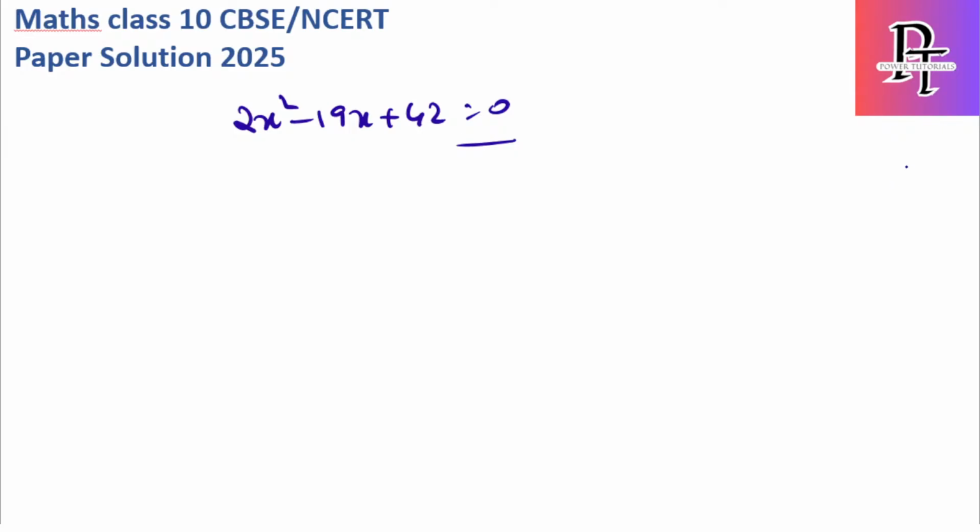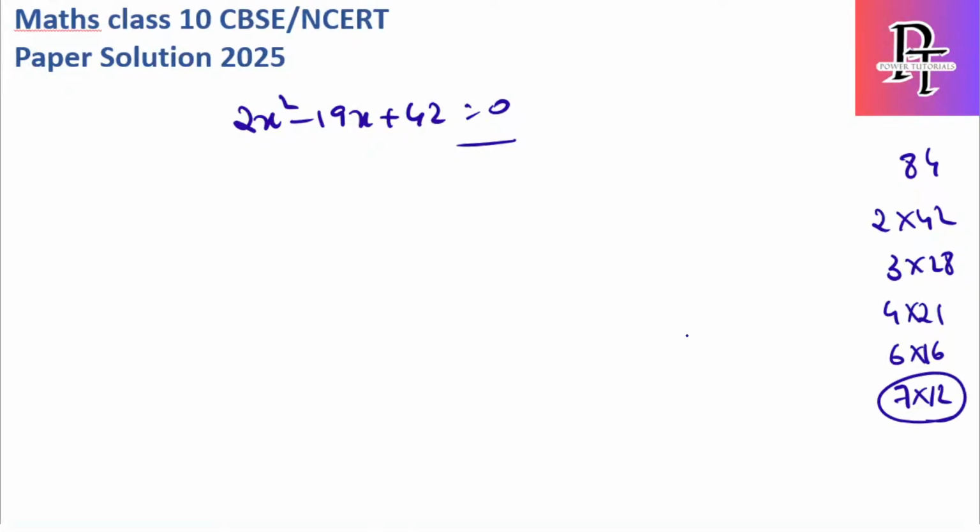Factors of 2 into 42 is 84. 84 factors: 2 into 42, 3 into 28, 4 into 21, 5 will not happen, 6 into 14. Okay, 7 into 12. Wait, 7 also will happen, 7 into 12 is 84. 12 and 7 are enough because we need to get the middle term as 19.